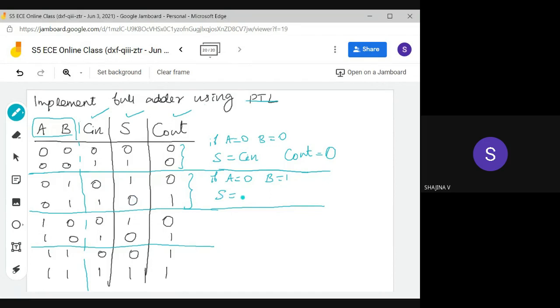That is, I can say S is equal to C in complement. And what is C out? When C in equal to 0, C out equal to 0. When C in equal to 1, C out equal to 1. So I can write C out equal to C in. Correct? Next combination, what will I get?